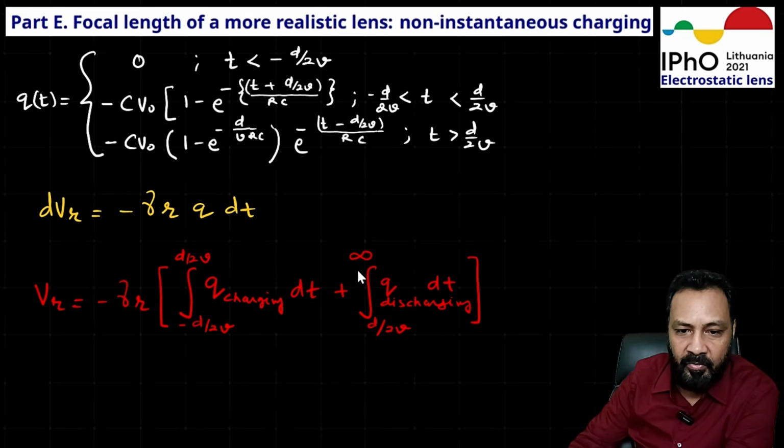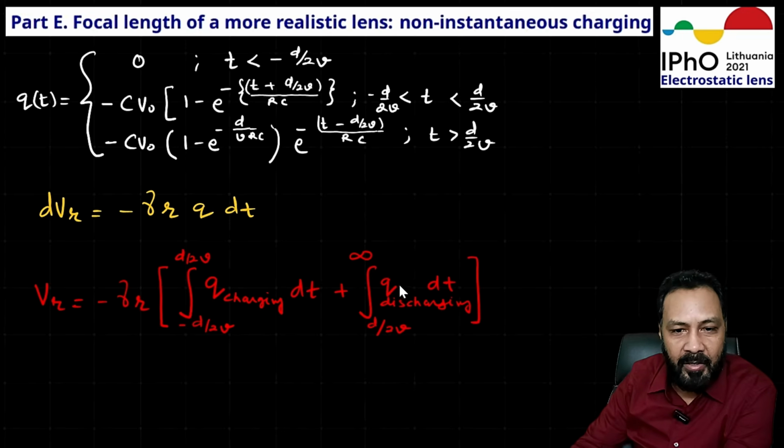So though it is infinity, the actual effect would be very small. During that effect the R is not appreciably changing, so we can treat R as a constant during that whole process. So this gamma R is taken outside, and this Q charging is the charge during charging, and this Q discharging is this.